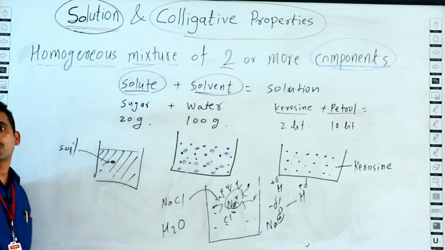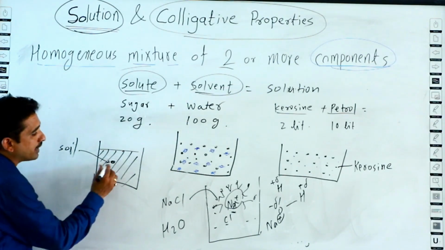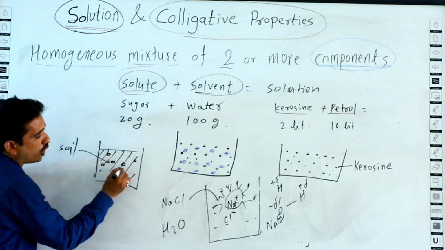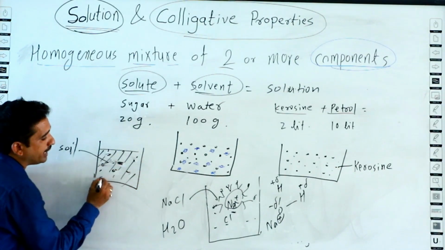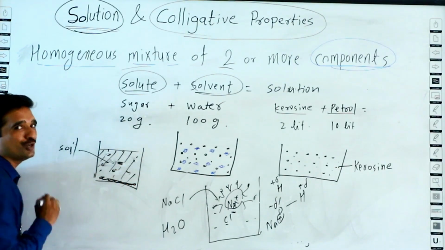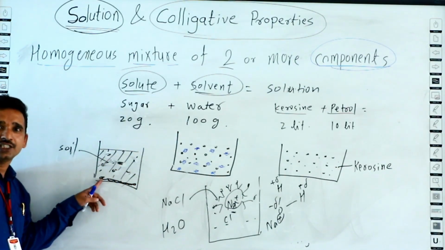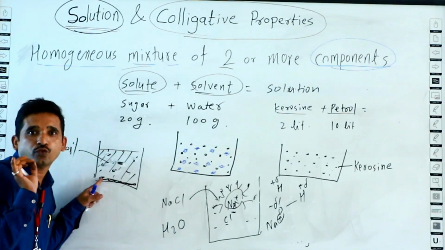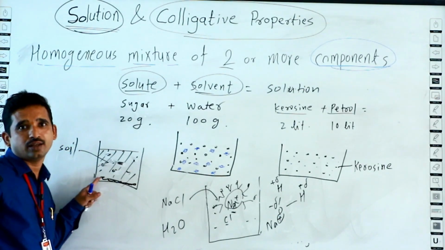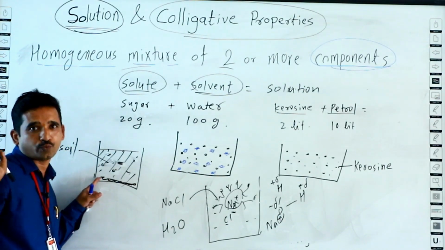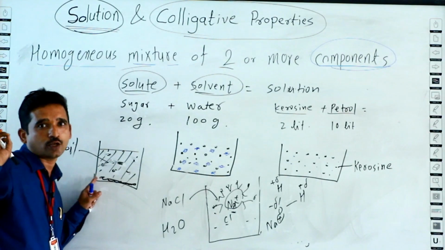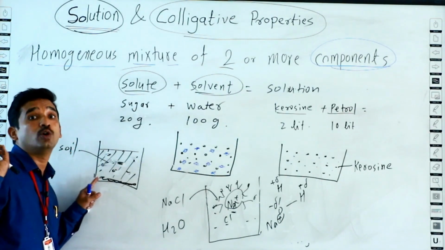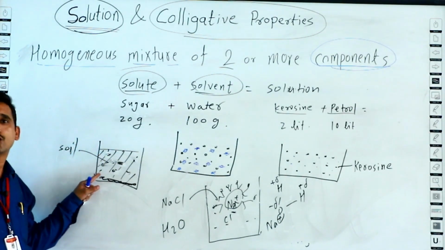It seems like a solution, but after some time all the soil will settle down in the system, and hence there is no formation of solution. There is formation of two phases. According to the definition of solution, it must be homogeneous, and this is not a solution.